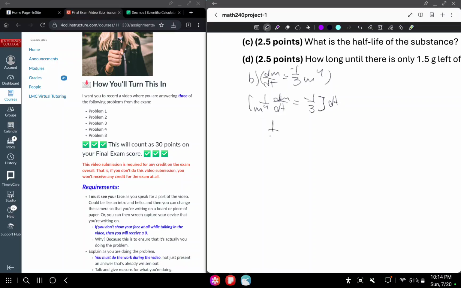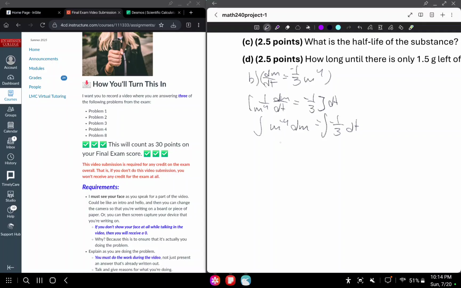So 1 m to the -4 dm is equal to -1/3 dt. Take integral of both sides.